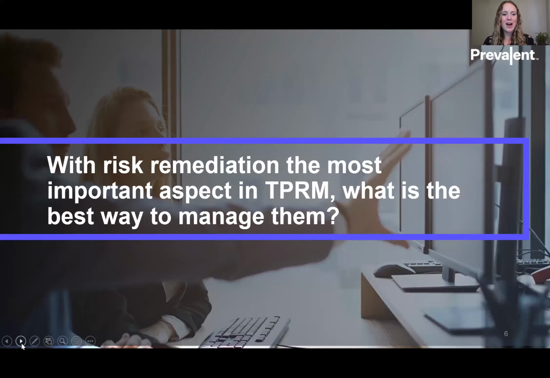So moving on, speaking of risk remediation, which is the most important aspect in third-party risk management, what is the best way to manage it? So remediation, like I had said before, is making sure that you're going through a continuous evaluation process. Run your threat intelligence and put thresholds and alerts in place that are going to tell you when risks change.